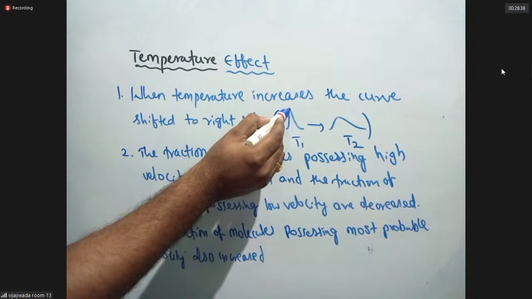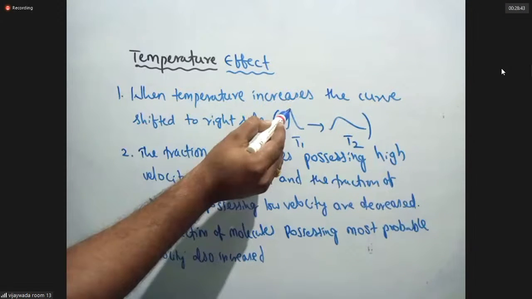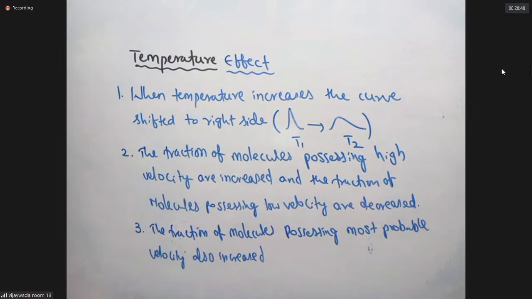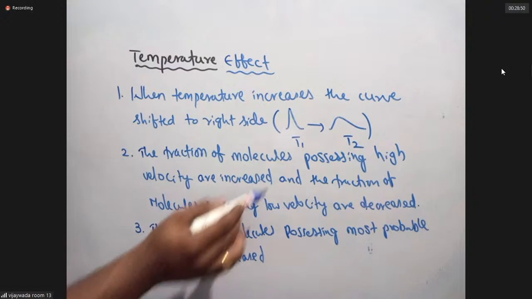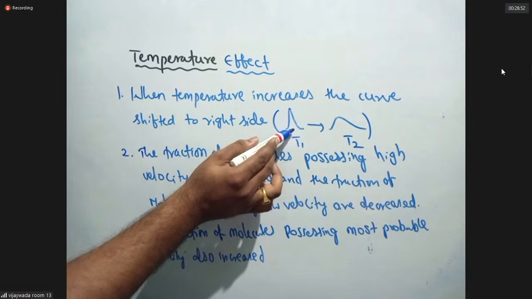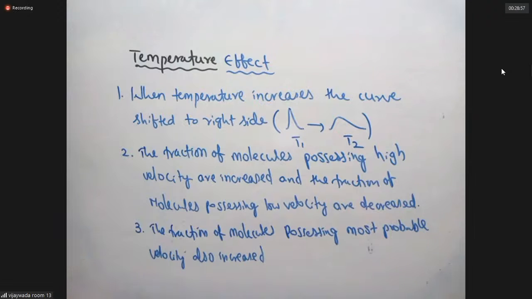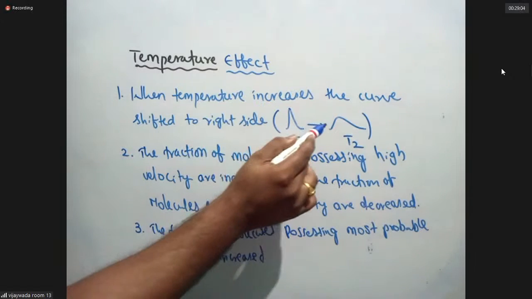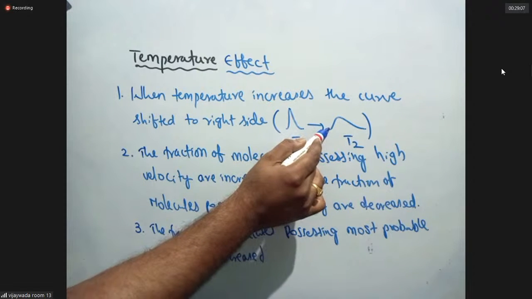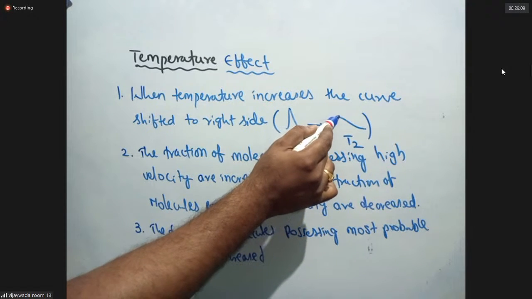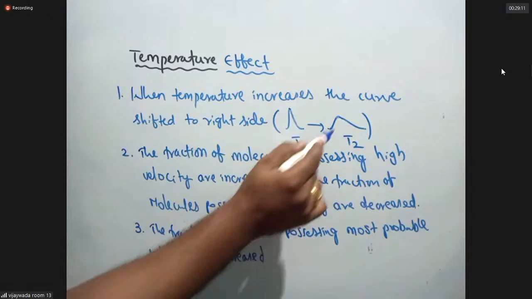At temperature T1, we can observe it's a narrow curve, and we can see exactly the peak of the curve. Under the peak of the curve, how many molecules are present? Those have the most probable velocity. I think that fraction of molecules is very low. When temperature increases, the curve is even broader compared to the previous case.